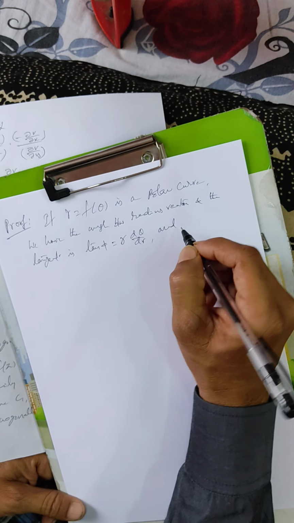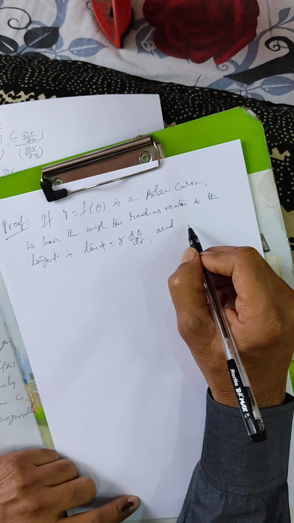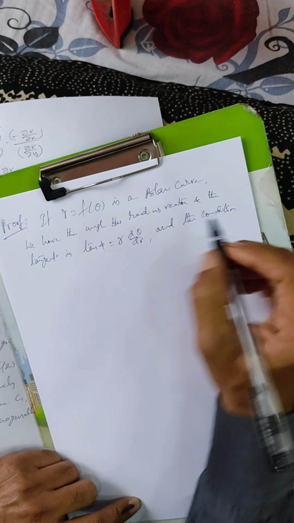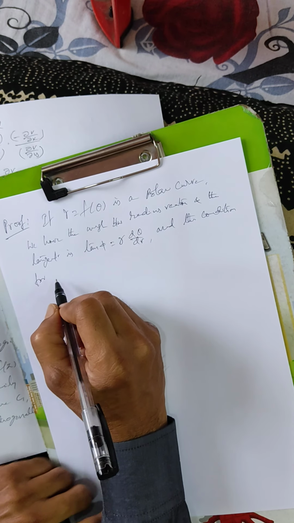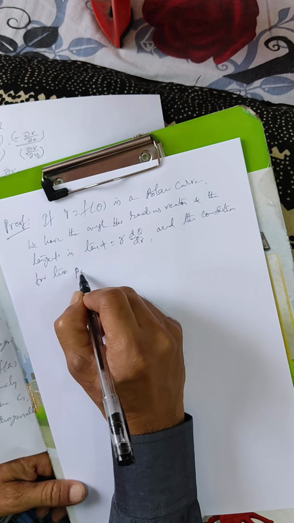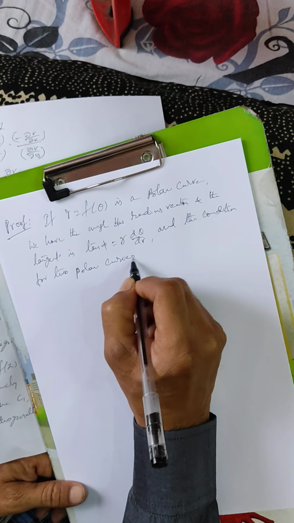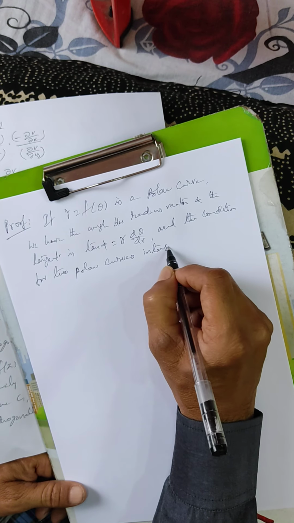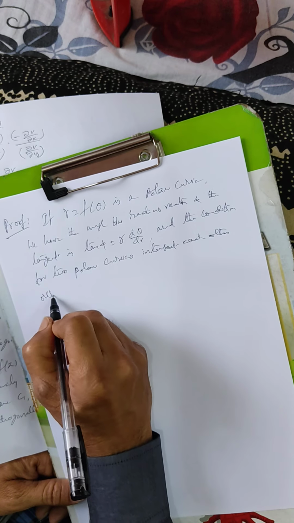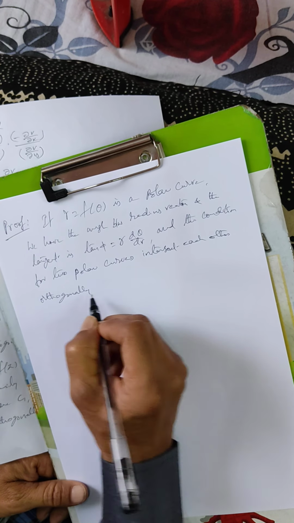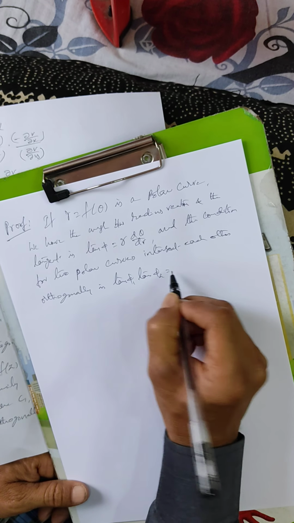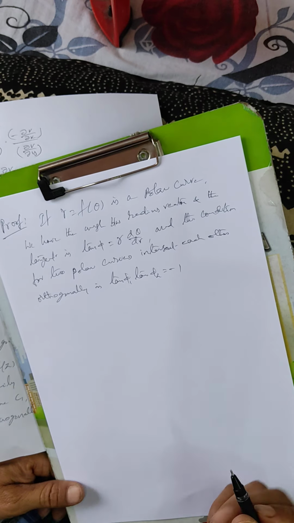And also you know the condition for two polar curves to intersect each other orthogonally is tan φ1 into tan φ2 is equal to -1.